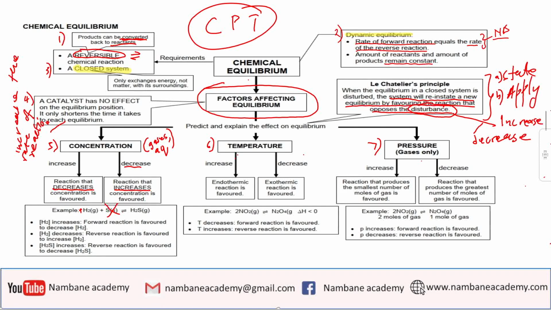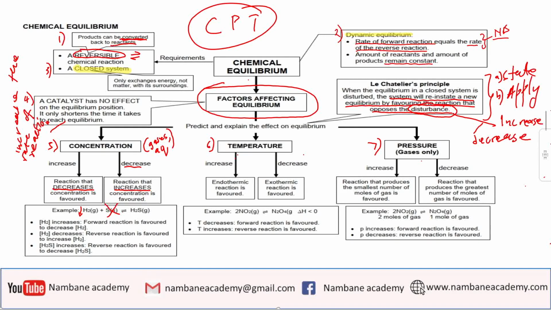Furthermore, it says H2 is decreased. If we decrease H2, what will the system try to do? The system will try to increase that particular concentration. So how do we increase the concentration of the reactants?